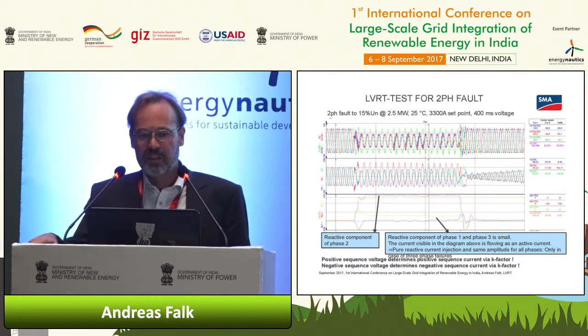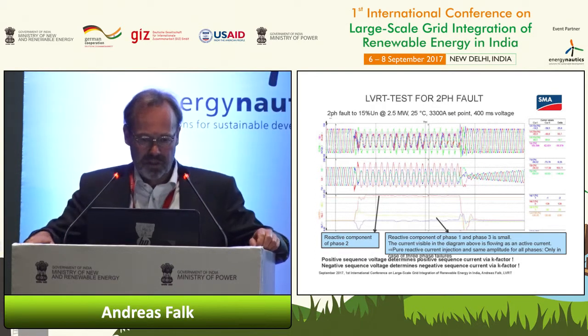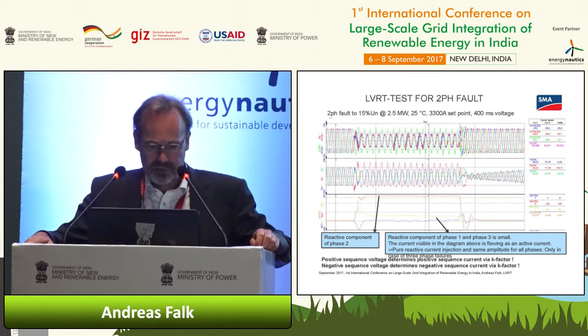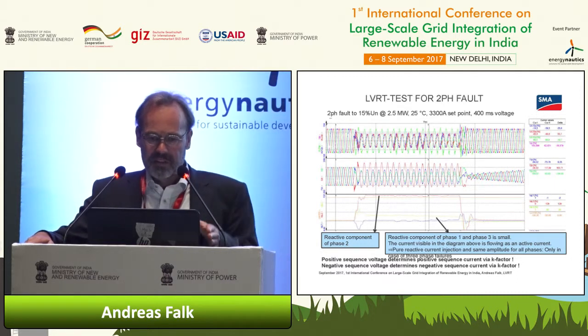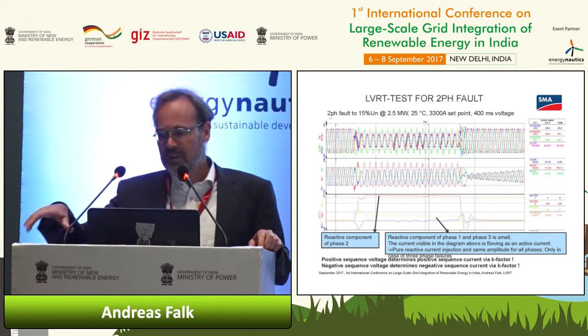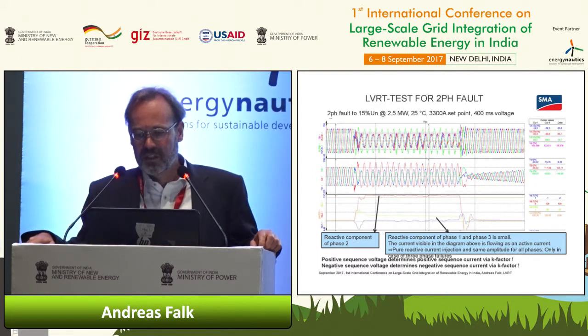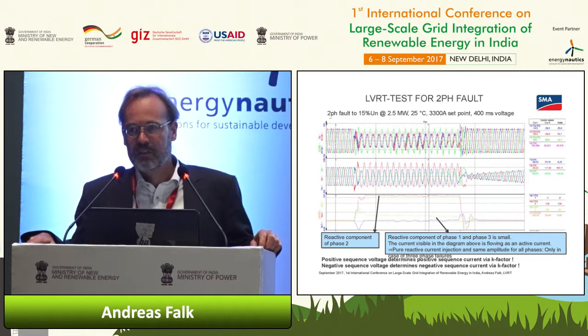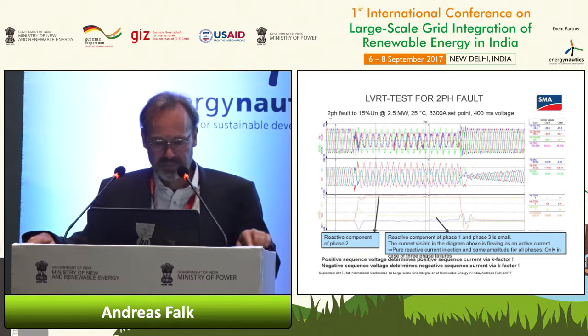Then you see the reaction of the current. Again, the current is injected. We have somewhat of an overshoot at the beginning of the event, and then at the end of the event, the current is rising with the gradient foreseen in the standard.